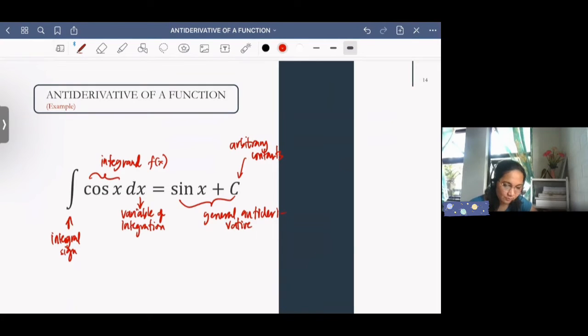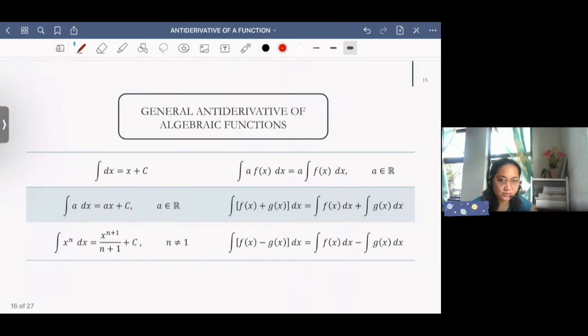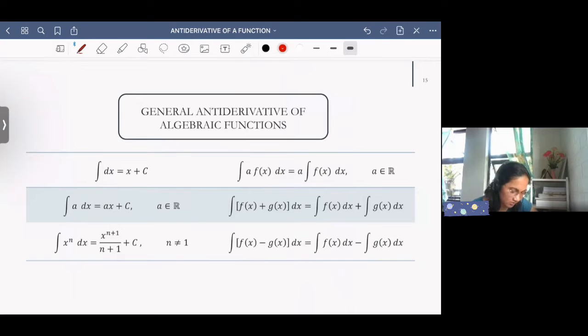Alright, let us now proceed to the different rules of antidifferentiation. For the first notation, we have the integral of dx is equal to x plus c, meaning we have here the integral of 1 dx, or more simply, the integral of dx equals x plus c. Second, the integral of a dx is equal to ax plus c, wherein a is any real number.